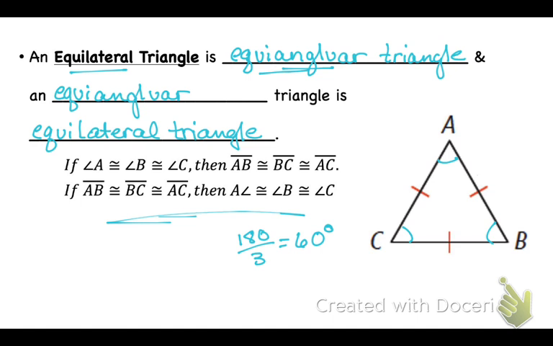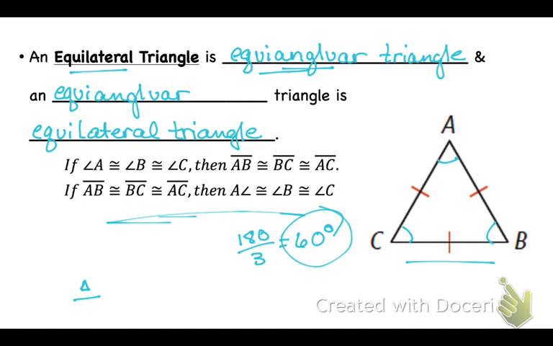Okay, so every single equal angular triangle, no matter how little or how big, what is every single angle in that triangle equal? 60 degrees. The book will never, ever tell you again the measure of an angle in an equilateral or equal angular triangle. Why not?